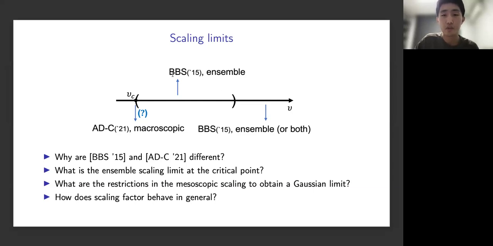The second result was about the ensemble scaling limit when you consider a sequence of nu that converges to nu c, and a massive Gaussian free field was obtained. And the third result was due to Eisenman and Newman-Koppang, where they obtained as a macroscopic scaling limit a Gaussian field, exactly at the critical point.